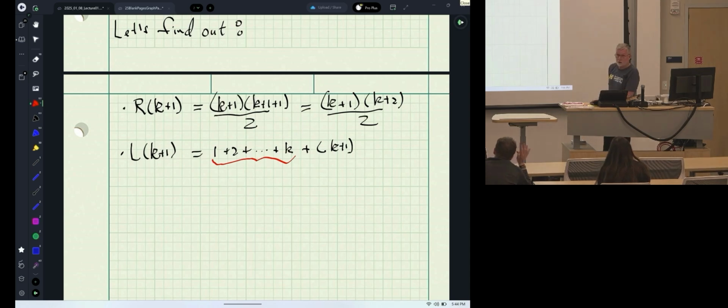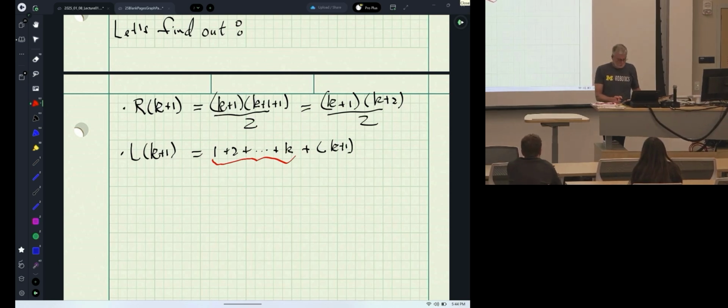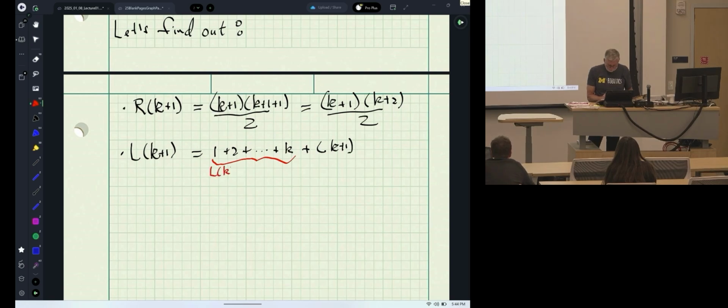The sum of the first k, what is that? Just k times k plus 1 over 2. Yeah, you're one step ahead of me, but that's L of k. I'm going to break it down, so when you go back and look at your notes, that's just L of k. So L of k plus 1 is L of k plus k plus 1.